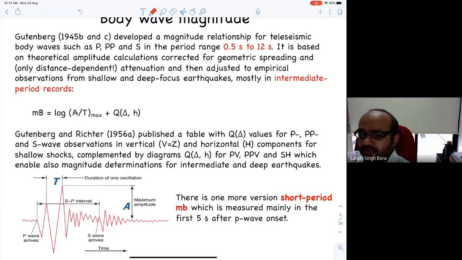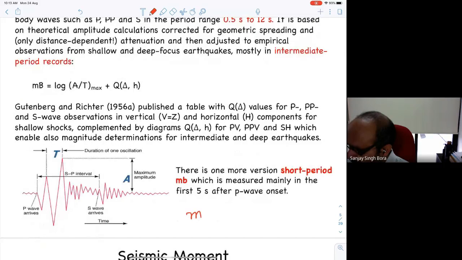Other than that, we had the body wave magnitude. In body wave magnitude, we have two versions. One is smaller, you write m and b in small case. And when you write B in large case, it is still a body wave magnitude, but the way it is measured differs. When b is small, you consider only the first 5 seconds after the P wave arrival. If this is your P wave arrival, and this is your noise floor, suddenly an earthquake comes, and the first wave is P, the primary wave.